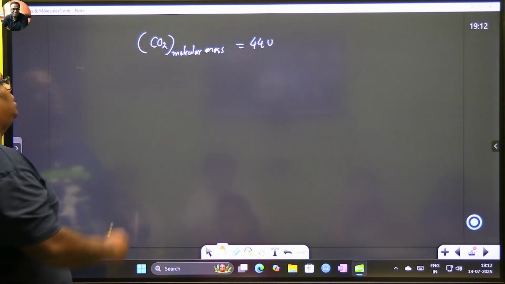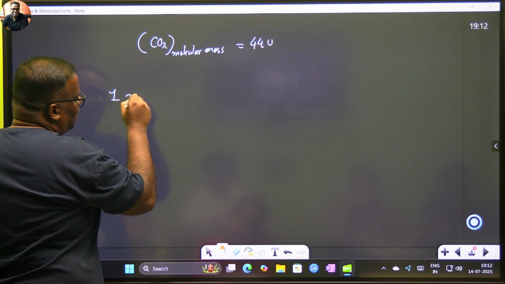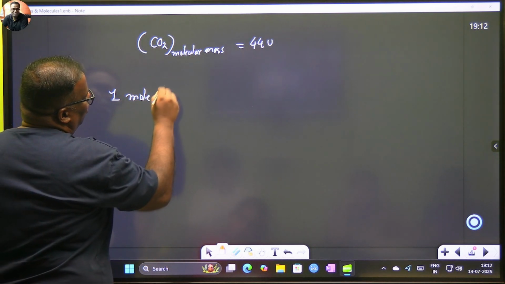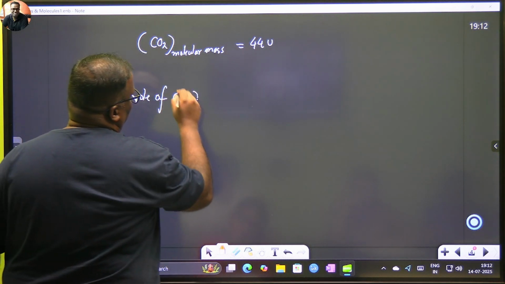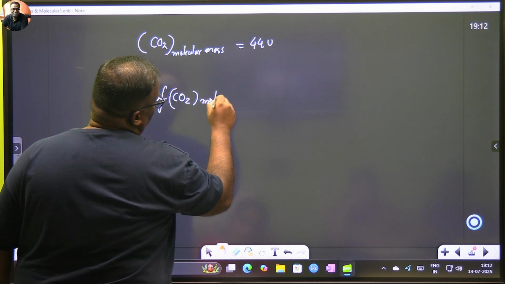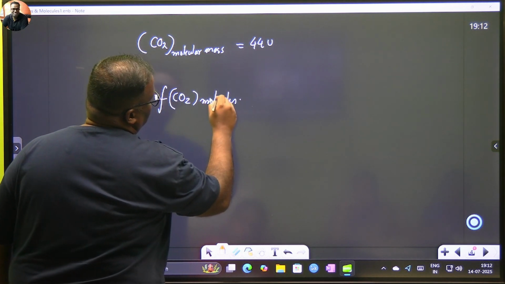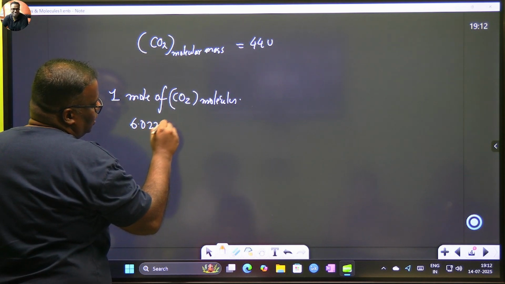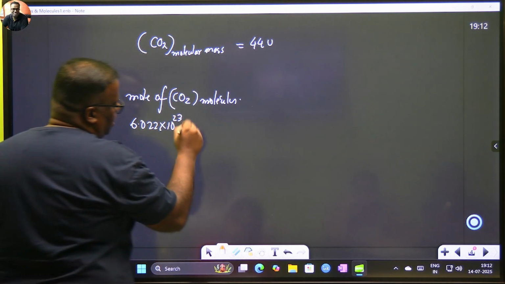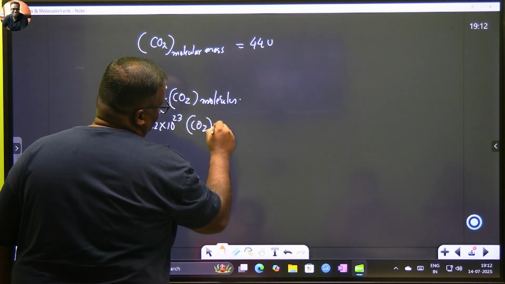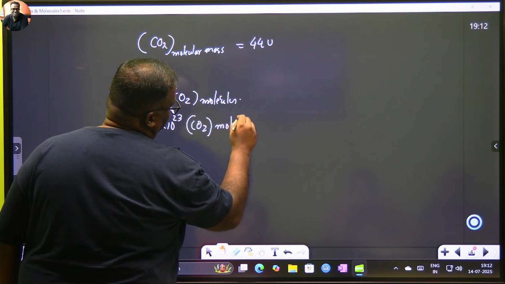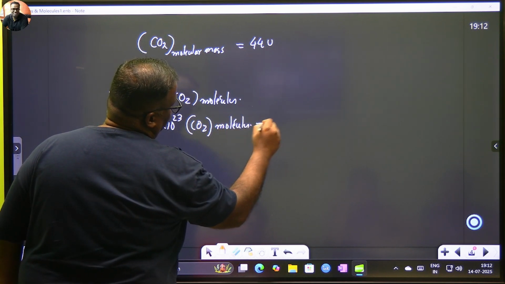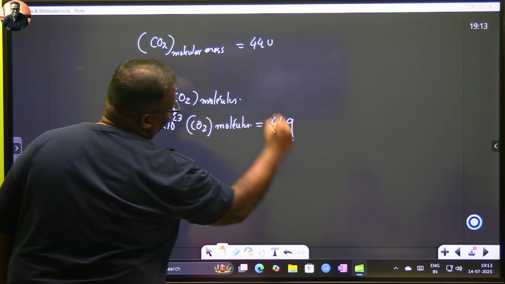So if I took 1 mole of CO2 molecules, which means 6.022 into 10 to the power 23 CO2 molecules, which is quite a big number, they would weigh 44 grams.